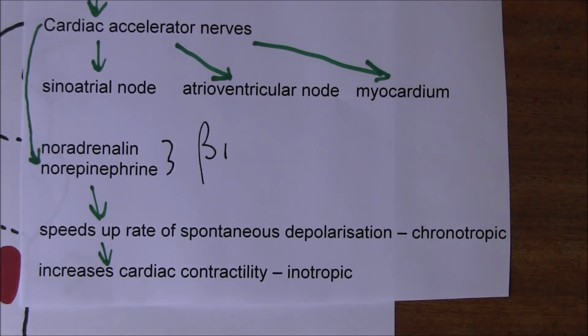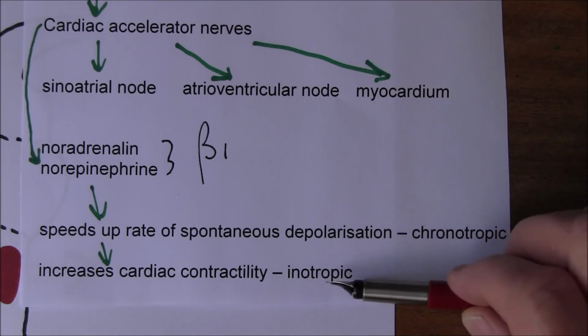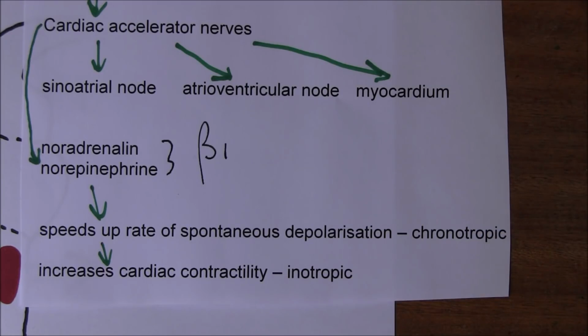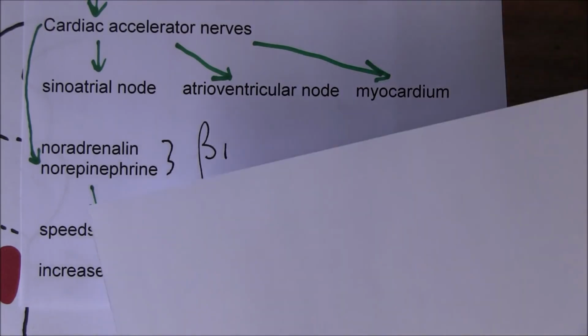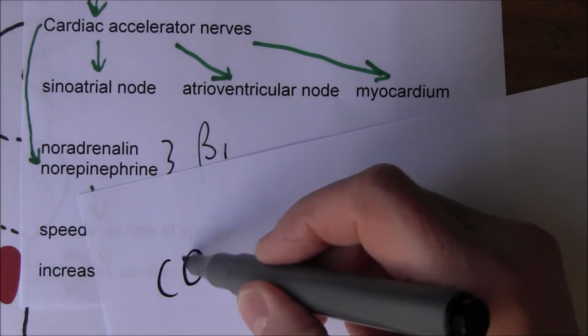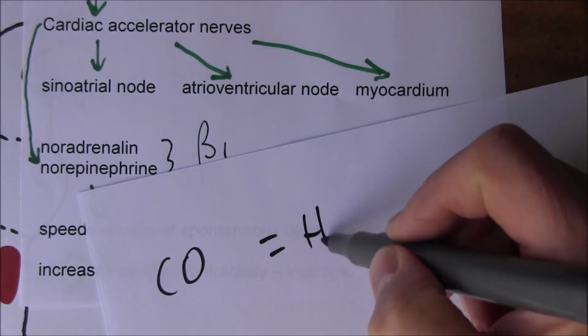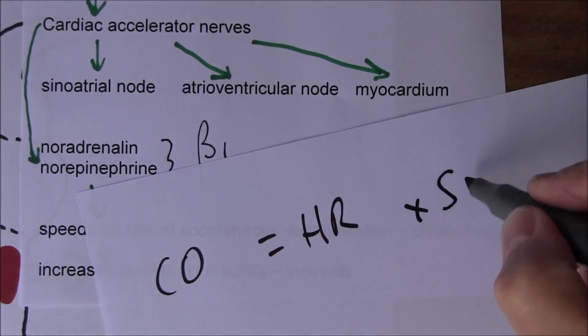Now, there's quite an important point here to mention when we're considering children. Because children can increase their heart rate, they can have a chronotropic effect, but their hearts are small, so they're not very good at generating an inotropic effect. So remember, as we've seen, your cardiac output is equal to heart rate multiplied by stroke volume.